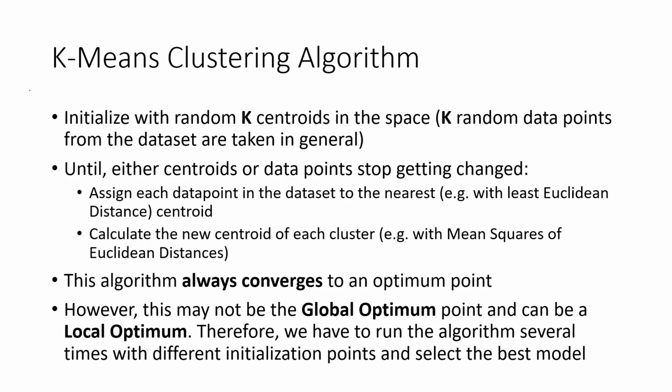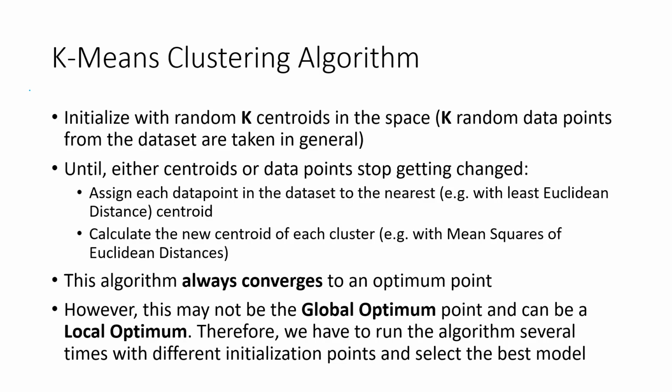So the first thing is that you randomly define K centroids. The best way of assigning K centroids is selecting K data points randomly from the given data set.